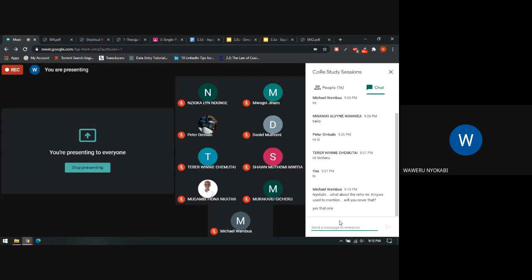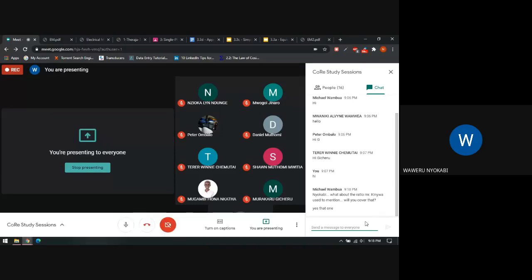But the turns ratio, which is E2 over E1, which is N2 over N1, is equal to K. Yeah, that one is under transformer basics, so I wasn't going to cover it here, unfortunately.